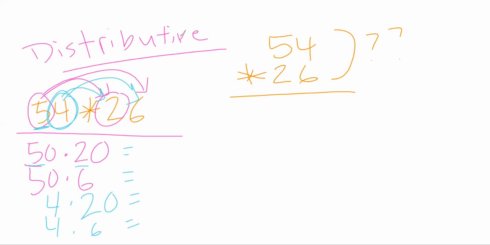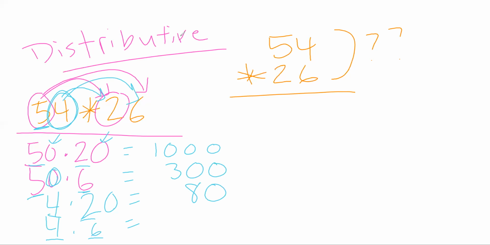So 5 times 2 is 10, but there's 2 place values, so that's 100 times bigger. So I need 2 more zeros. 5 times 6 is 30, but it's a 50, so that's 10 times bigger. 4 times 2 is 8, and then 1 place value, so 10 times bigger.